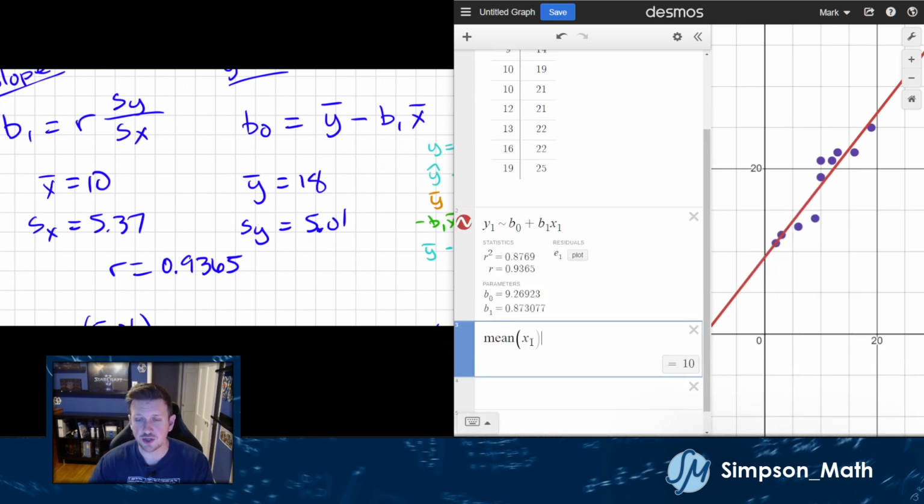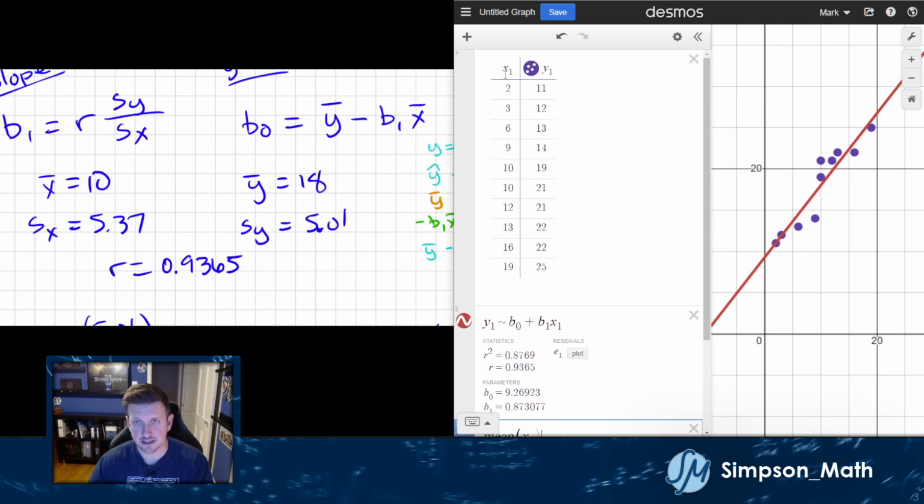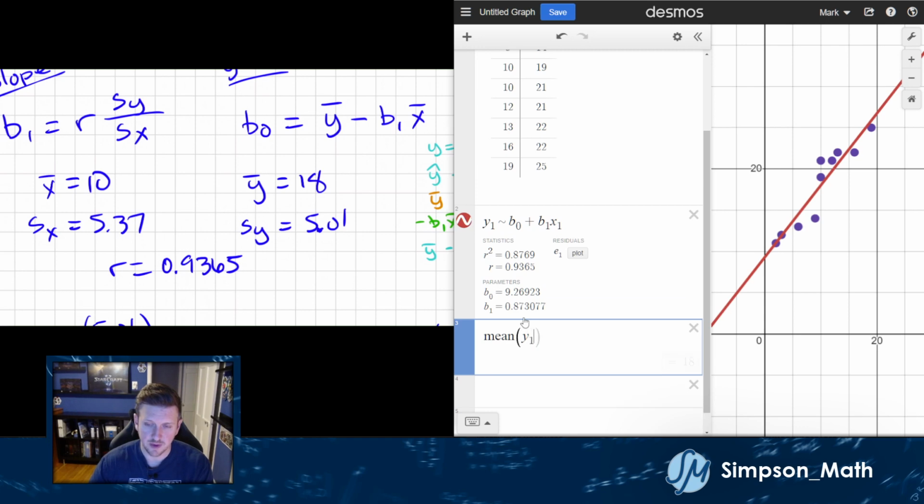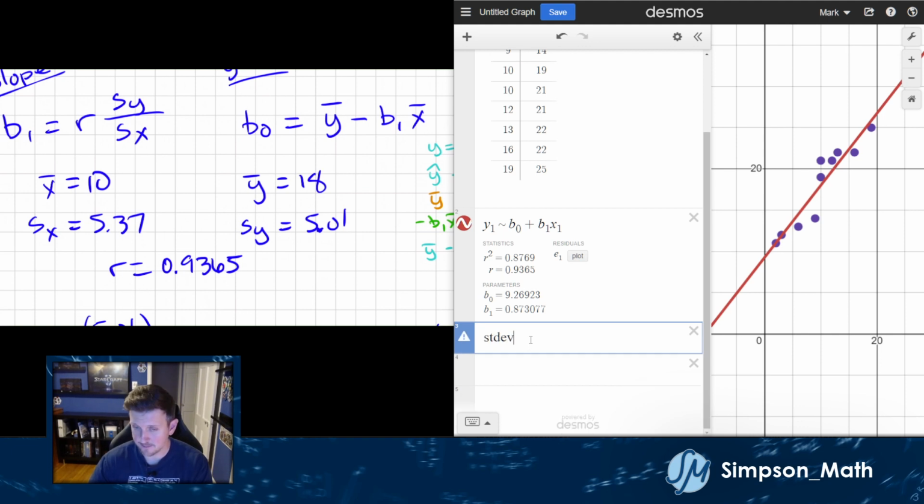But I do need to do x1 because it doesn't know what just x is. So I type in x1 and I get my 10. If this was y1, I would get 18. And then for my standard deviation, STDEV. Since it's the standard deviation of a sample, it's just the regular standard deviation. So the standard deviation of x1 is 5.37 with a whole lot more decimal places, and y1 is 5.01 with, again, a lot more decimal places.